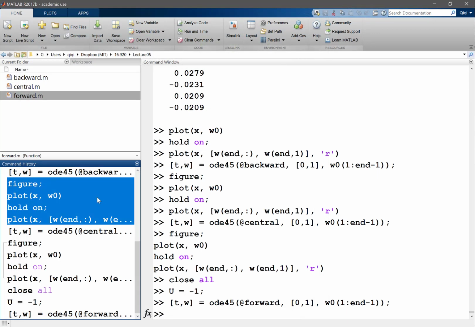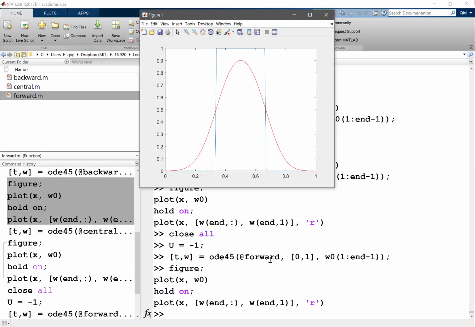The same thing that gave me an unstable solution when u is equal to +1 now gives me something very similar to the backward difference operator when u is equal to +1.